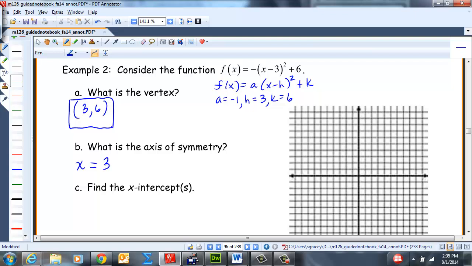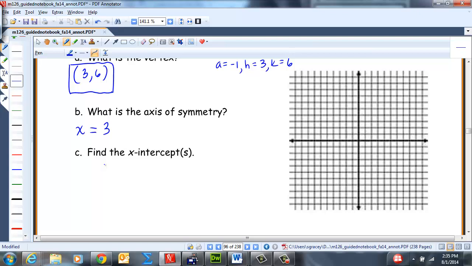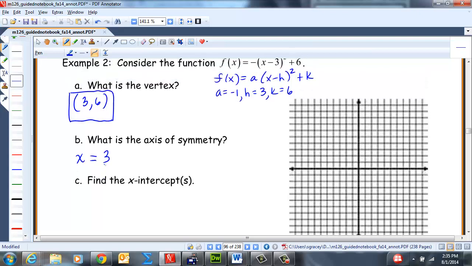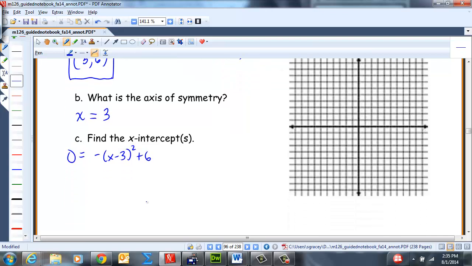Now for the x-intercepts, we set the function equal to 0 and solve. So 0 equals negative the quantity x minus 3, squared, plus 6. If I add the quantity x minus 3, squared, to both sides, I get this line.